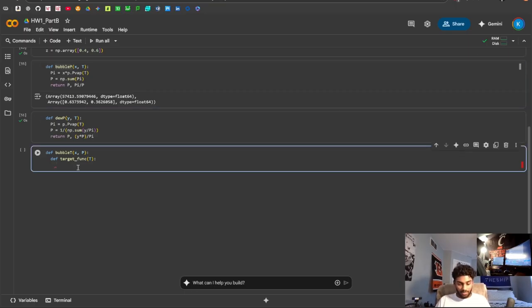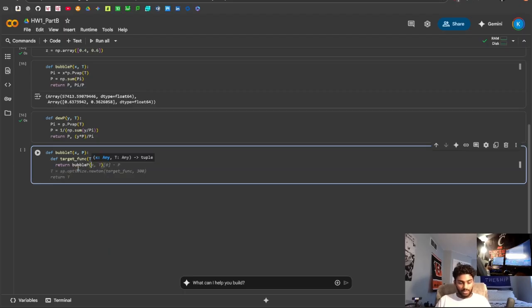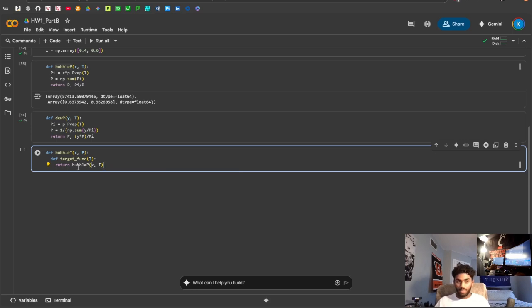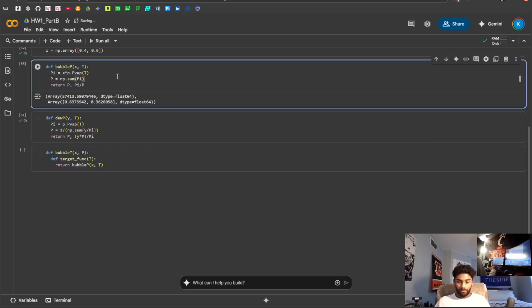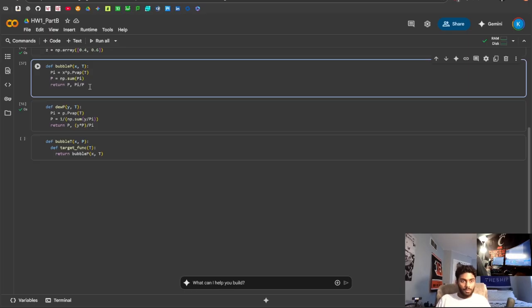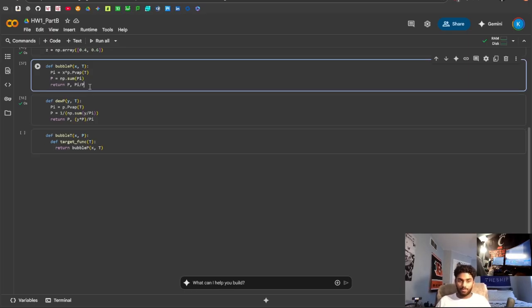So we'll say like this, we want to return bubble pressure, so bubble P, and this has inputs of our composition and T. Remember though, when we have our outputs, our first output is this pressure, that's our bubble pressure, and the second output is our mole fractions in the vapor phase. We don't want to use this in our calculation because we only want the pressure, and that's what our target is.